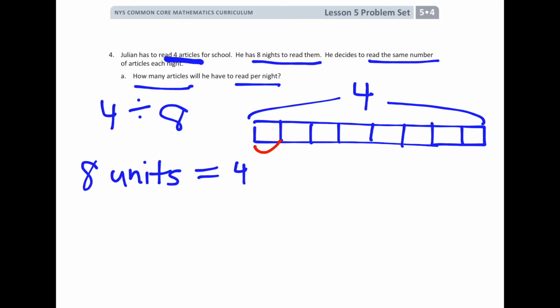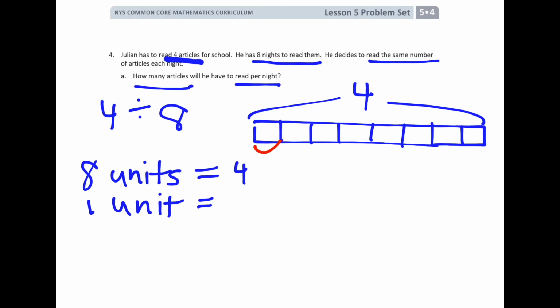The way we're going to do this is we're going to use our fraction form. So we'll say 1 unit is equal to, let's use our division problem to create it into fraction form.